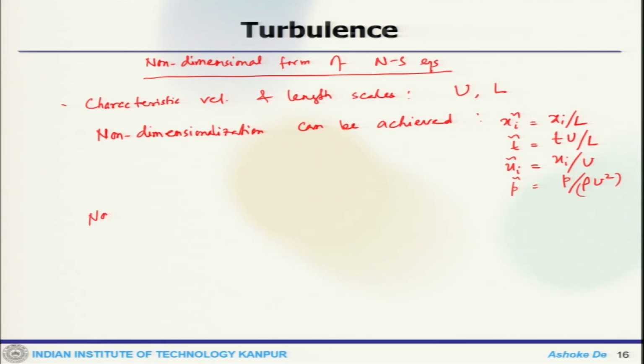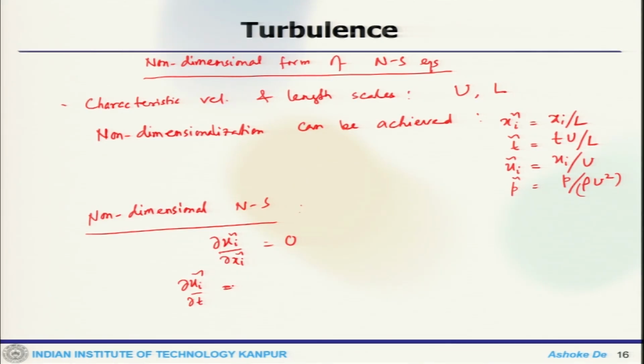Then if we write the non-dimensional Navier-Stokes, this will look like, your continuity equation will look like del Ui by del xi equals 0, and the momentum equation would be del Ui by del t plus Uj del Ui by del xj equals minus del P by del xi plus 1 by Re del squared Ui by del xj del xj.